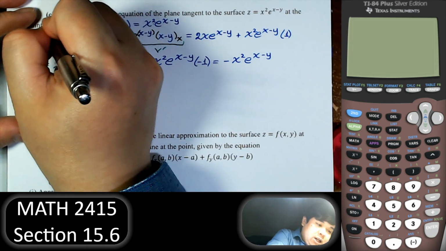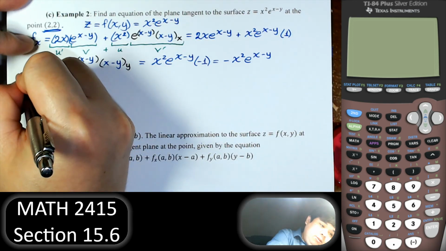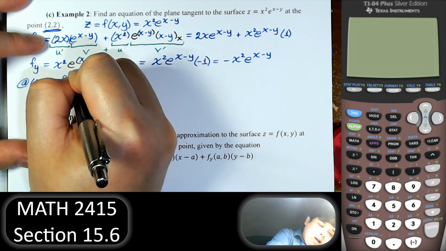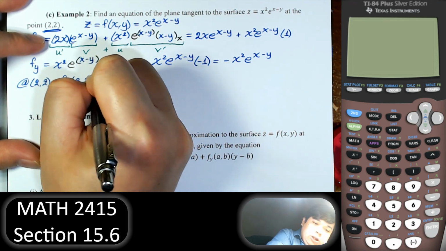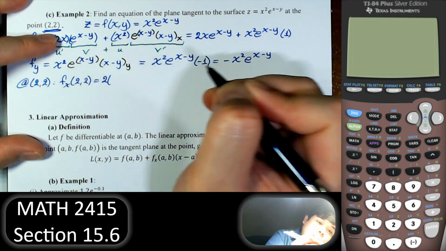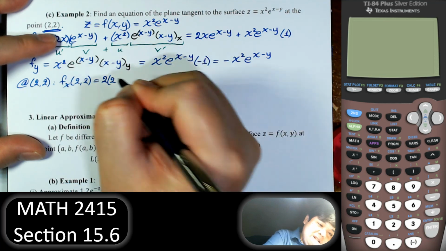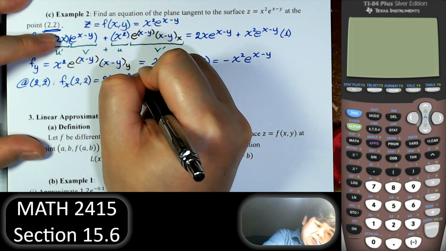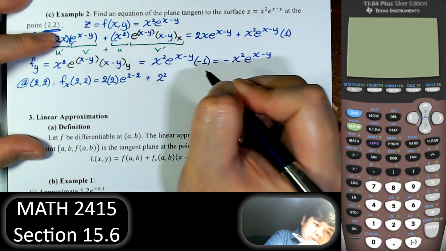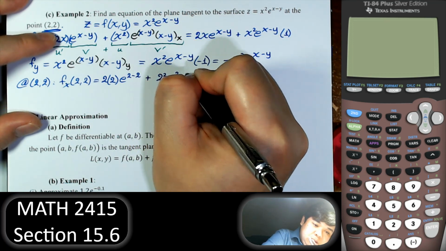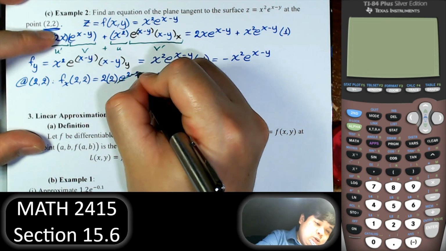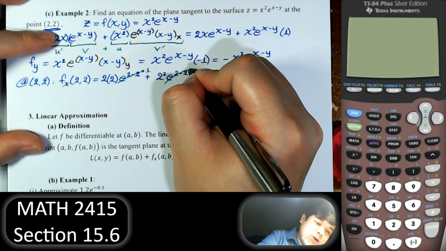We will evaluate at 2 and 2. Derivative with respect to x at 2 and 2: I'm going to put 2 in for x and 2 in for y. e to the 0 power is 1.